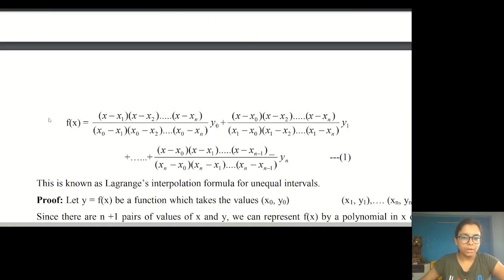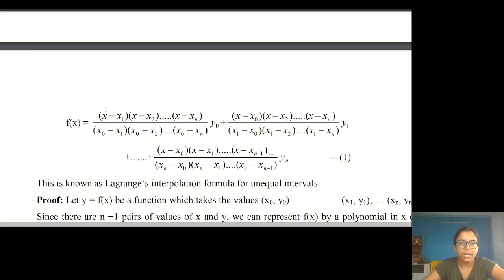We get a formula just like divided difference. We have a formula where we have some tabulated values of x minus x1, where we subtract every other term from the first value and divide by the term that we had.